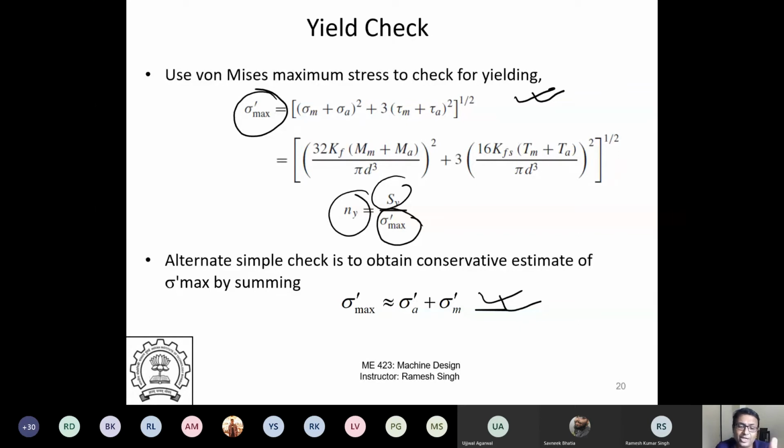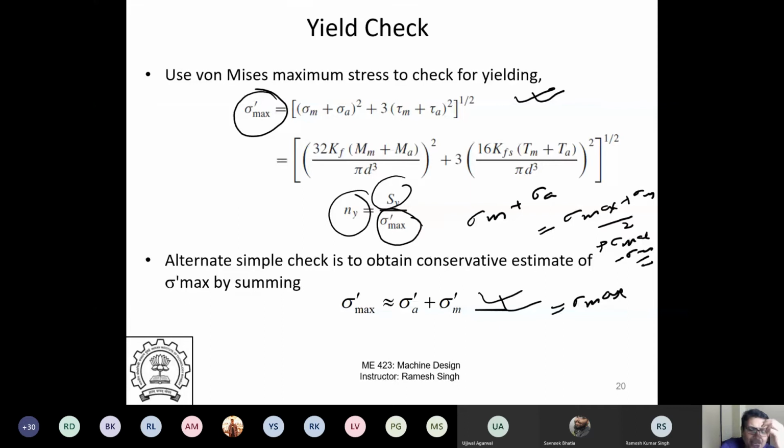So for yielding, you take both components, sigma max, which is sigma_m plus sigma_a, sum it up and find the equivalent von Mises stress based on sigma_m plus sigma_a. Because if you assume sigma max plus sigma min by 2 plus sigma max minus sigma min by 2, that means sigma_m plus sigma_a is equal to sigma max, if you remember this. That's why you put sigma_m plus sigma_a to get sigma max here.